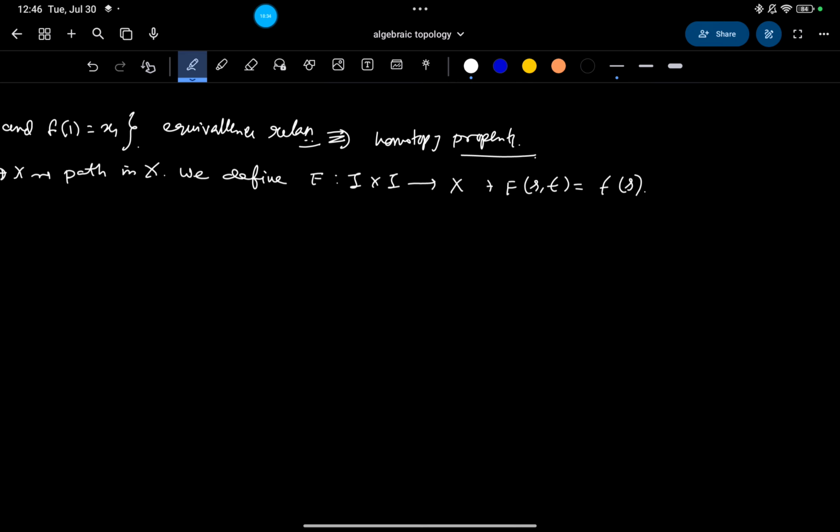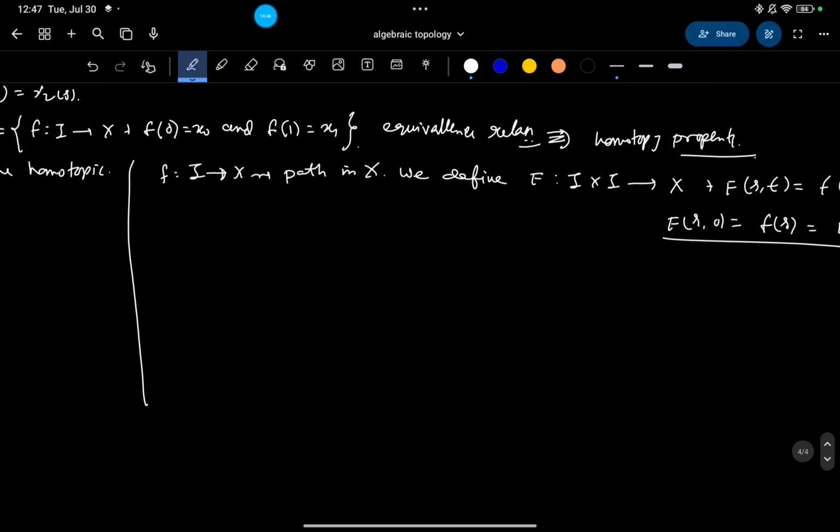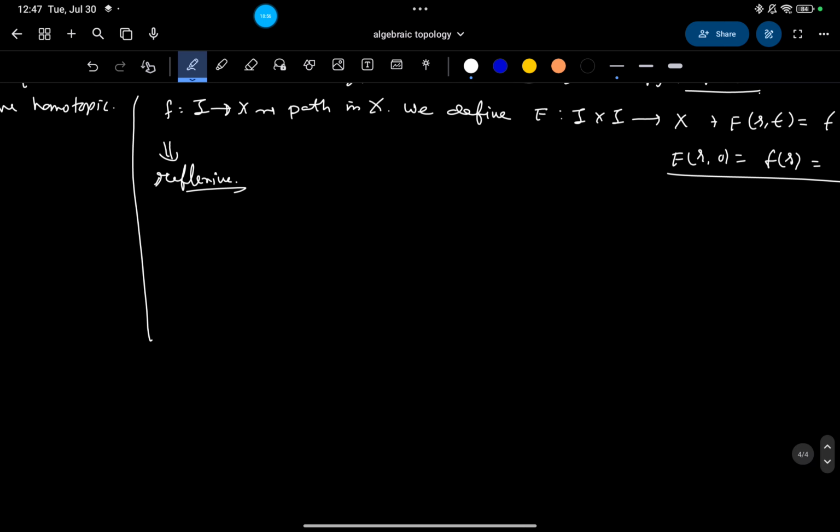In that case, F of s comma 0 is f of s, as well as the same as F of s comma 1. So this reflects that the relation is reflexive, and in fact symmetry is also clear.